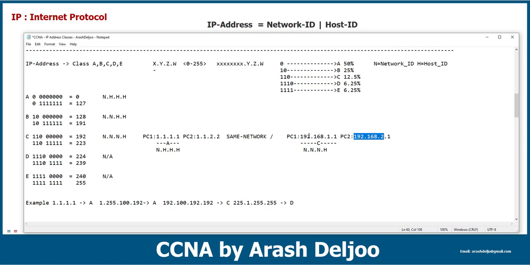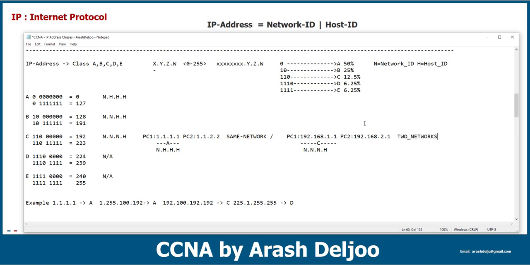As you can see, we have different values: 192.168.1 compared with 192.168.2. Here we have different values. Because of that, we can say these two addresses are residing in two networks. Let me write here: two networks or different networks.